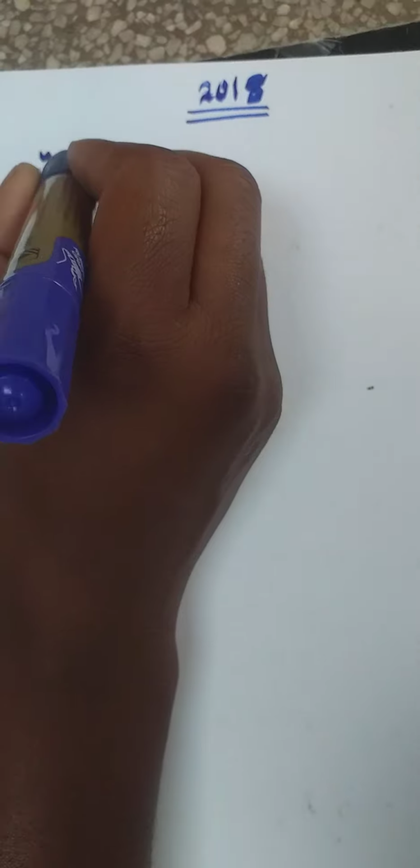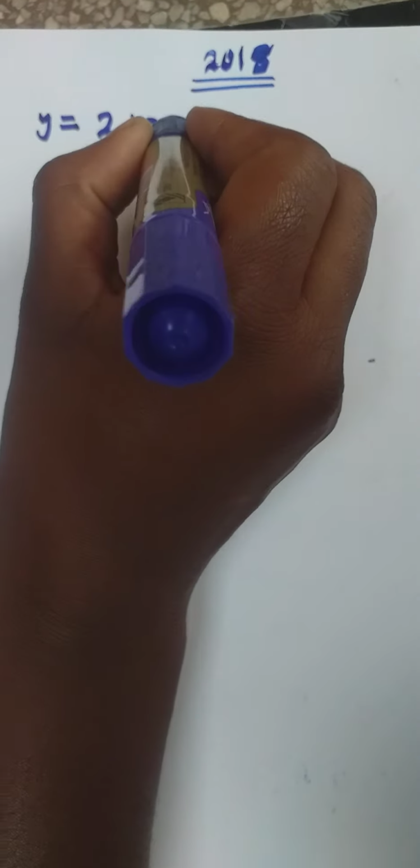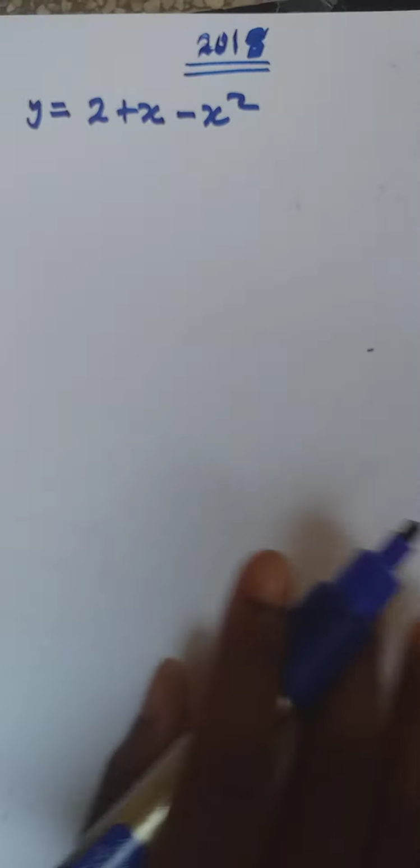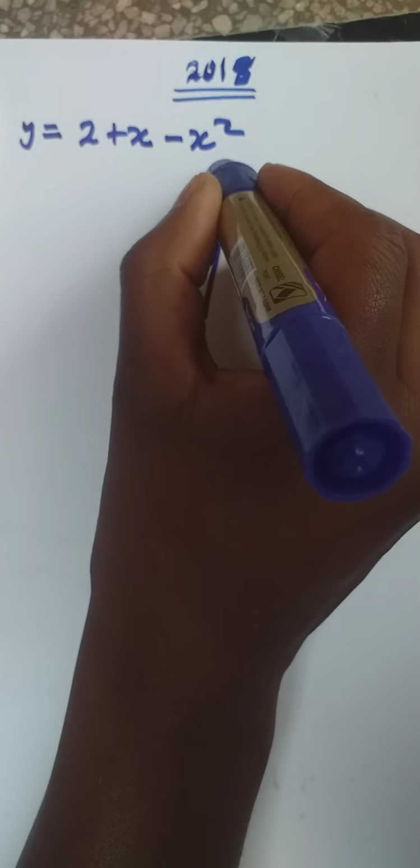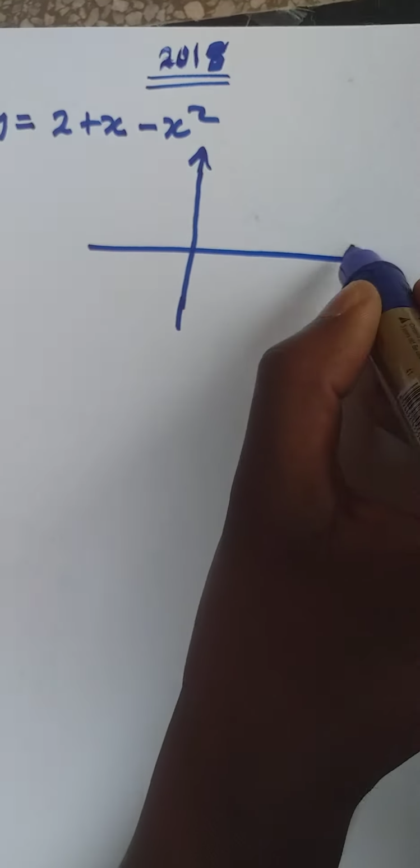So we have been given the function y equal to 2 plus x minus x square. In case for easy understanding, we can do a bit of a sketch.